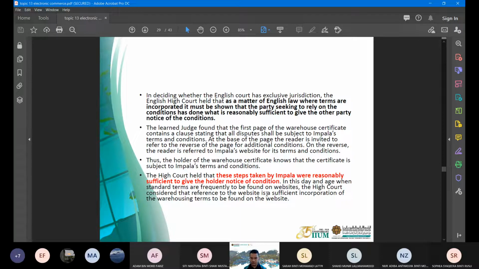Although you didn't sign anything, you didn't even click on any button that says accept ke apa, you use it, means you are bound. There is also terms and condition that says you are bound by which law. And if there are disputes, which law will we refer to?